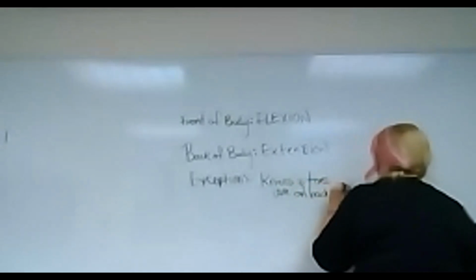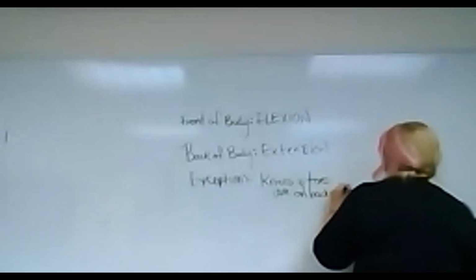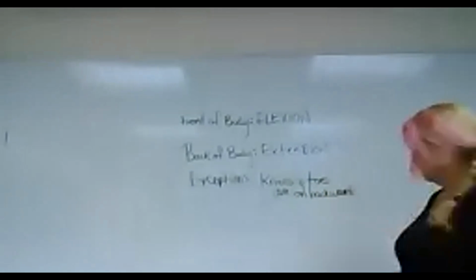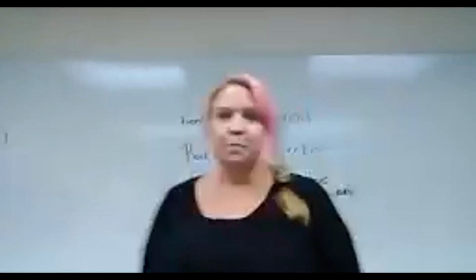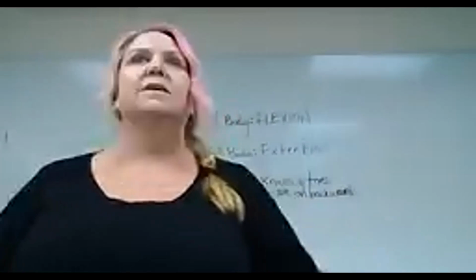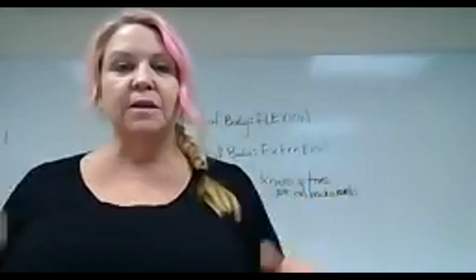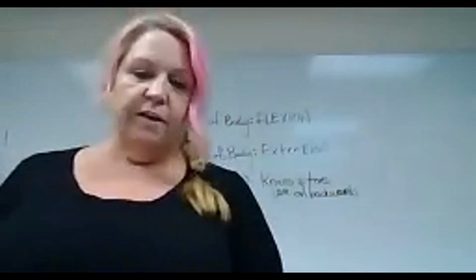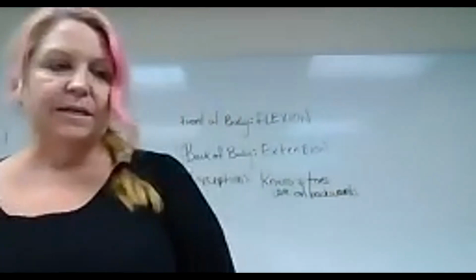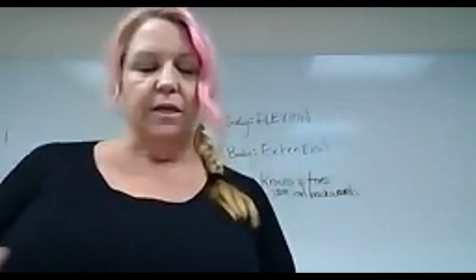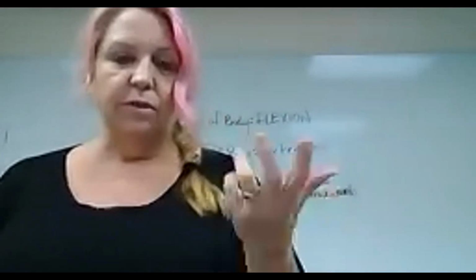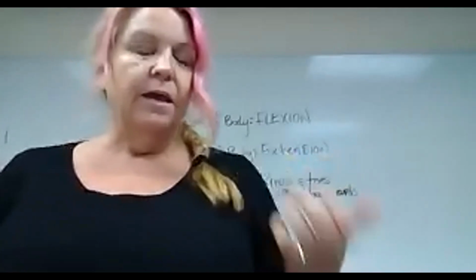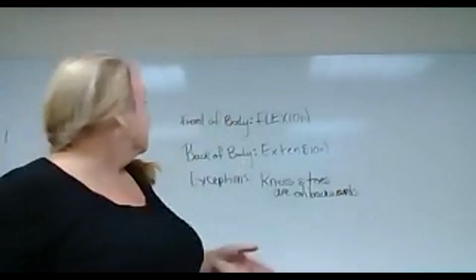And hopefully you guys can read that messy writing. So muscles on the front of the body, typically responsible for flexion. Muscles on the back of the body, extension. Knees and toes are on backwards. So opposite. If it is bending the knee, bringing the knee into flexion, it's on the back, right? And the same with the toes. They're on the underside, the plantar side of the foot.